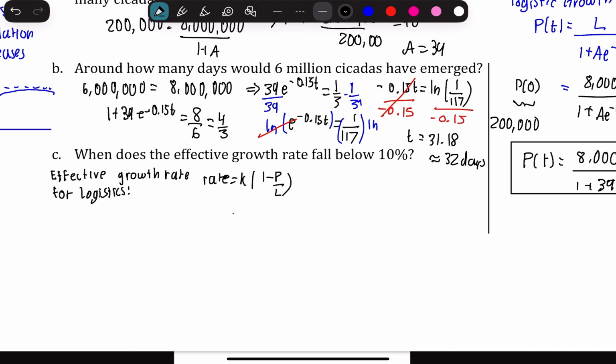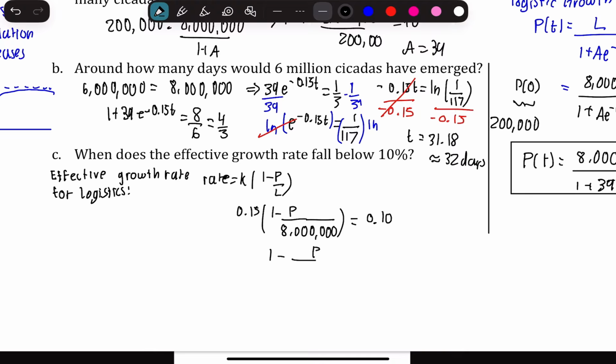So plugging in everything that we have, our k is equal to 0.15, 1 minus P over 8 million. That's our upper limit for what our population grows to. And then we set that equal to 0.1.